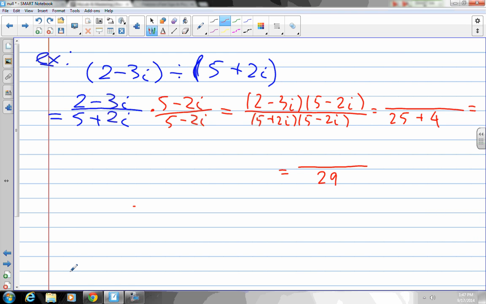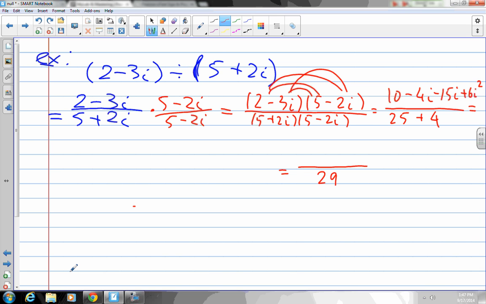In the numerator, I have to go through the motions. I have to FOIL: 10 minus 4i minus 15i, and then plus 6i squared. Am I doing my FOIL correctly? I think it's okay.